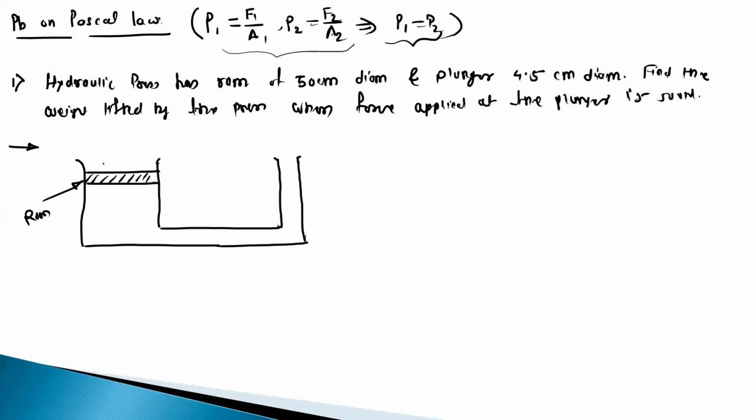On this ram, there is a weight which is to be lifted. In order to lift this weight, we have the plunger arrangement like this. On this plunger, we will apply the force, which is F. So plunger will create the pressure on the fluid like this. So this is the fluid.